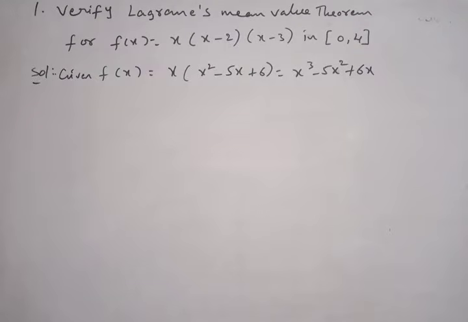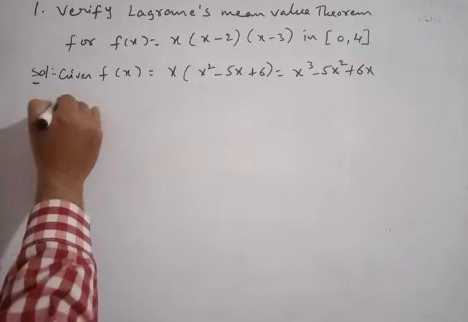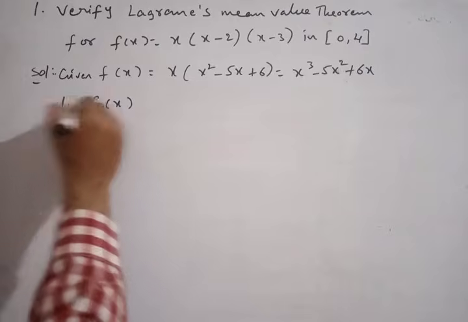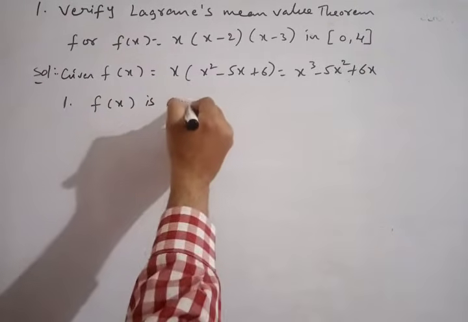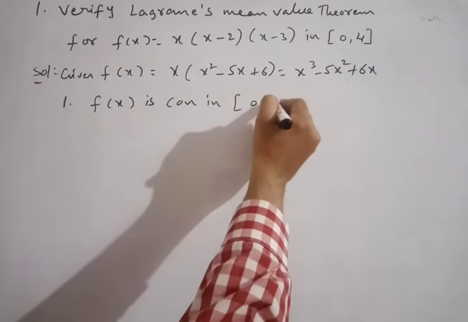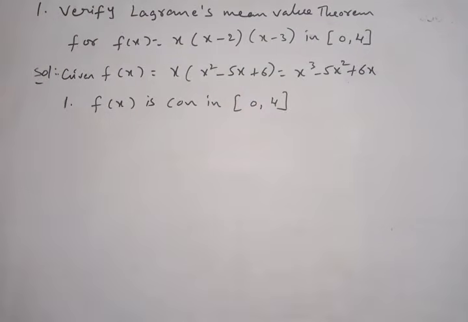What is the first point? We have to write f(x) is continuous since it is a polynomial function. So f(x) is continuous in the closed interval [0, 4].